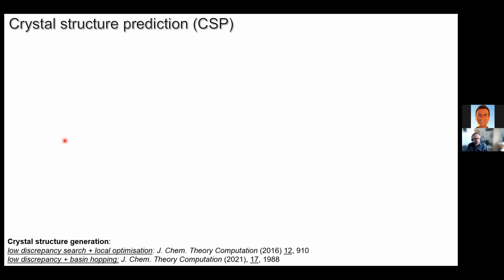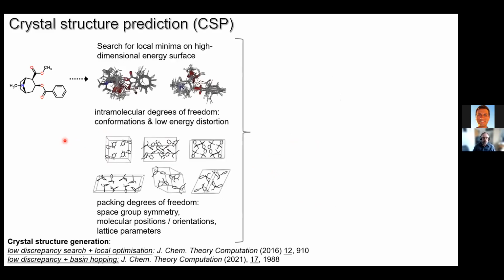So just to very quickly reintroduce crystal structure prediction, the idea is that we have computational methods which take us from a two-dimensional picture of our molecule and, having nothing else beyond this, get to the landscape of possible crystal structures that this molecule could adopt.